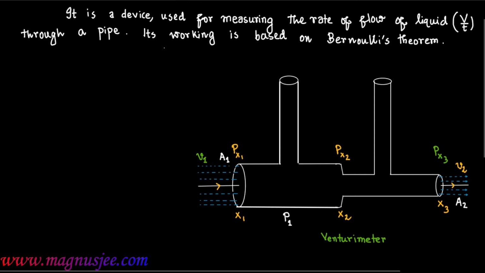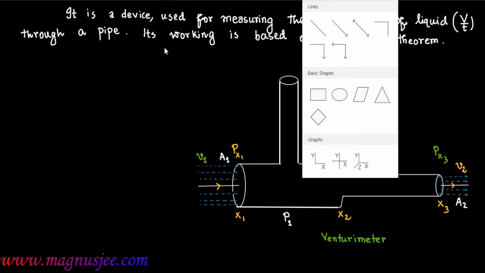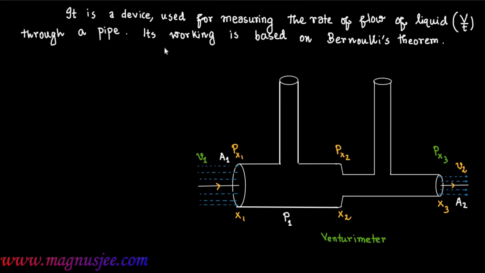P1 is the pressure difference acting across the pipe X1, X2, due to which liquid flows from left to right, and this pressure difference P1 equals Px1 minus Px2, where Px1 is greater than Px2, which is greater than Px3.